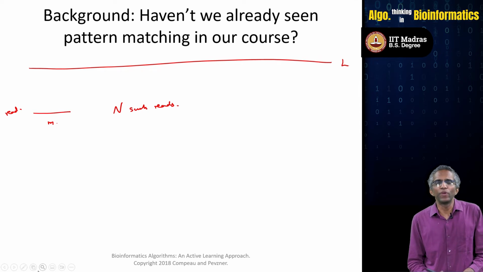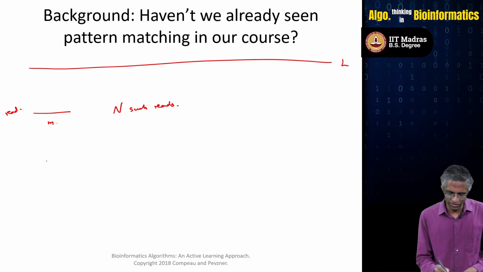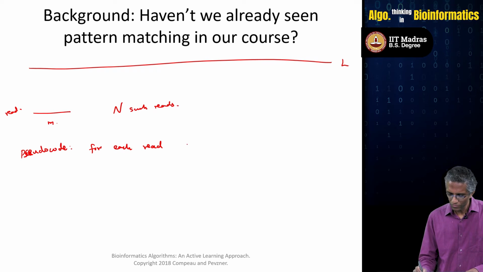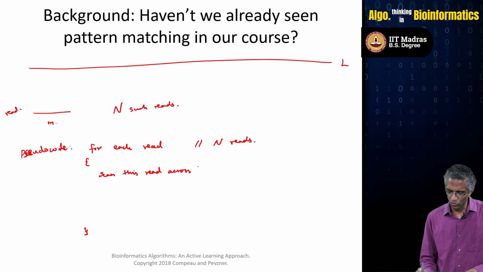Then what is the naive way of running this? I can write a pseudocode which will say: for each read, this will go over n reads, so this loop will run n times. Scan this read across the whole genome.